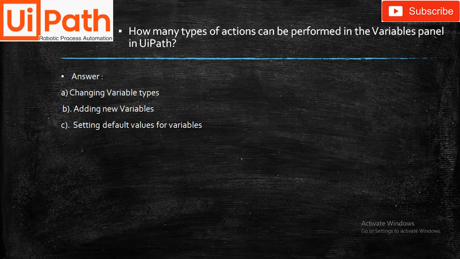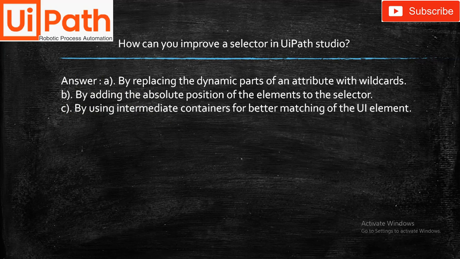How many types of actions can be performed in the variables panel in UiPath? The answer is changing variable types, adding new variables, and setting default values for variables. Next question, how can you improve a selector in UiPath Studio?